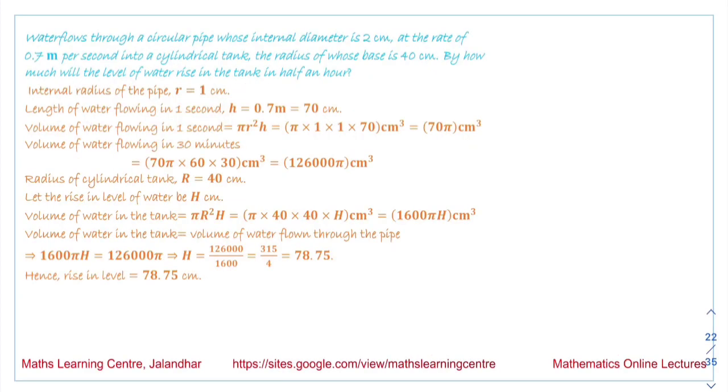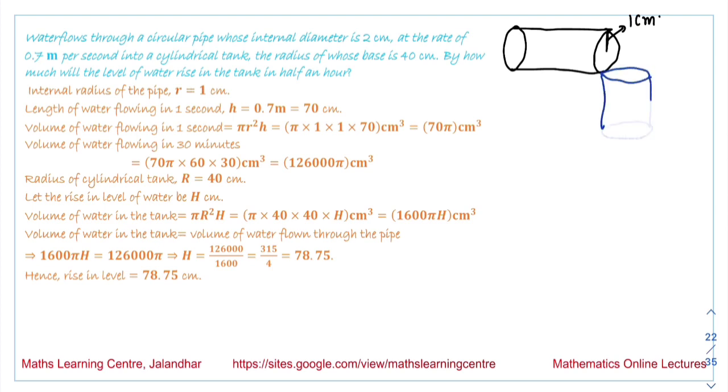Now the next question we have is, water flows through a circular pipe whose internal diameter is 2 centimeter. It means the radius of this pipe is 1 centimeter, and water is flowing from this pipe into a cylindrical tank. There is a tank over here whose base radius is 40 centimeter.